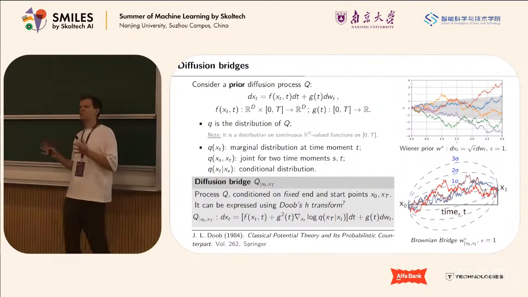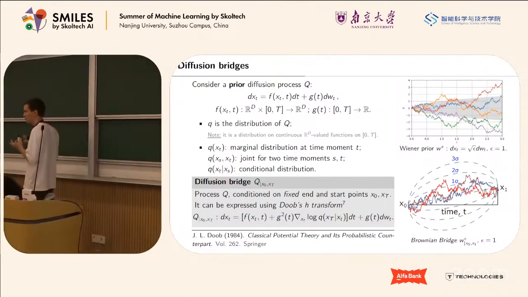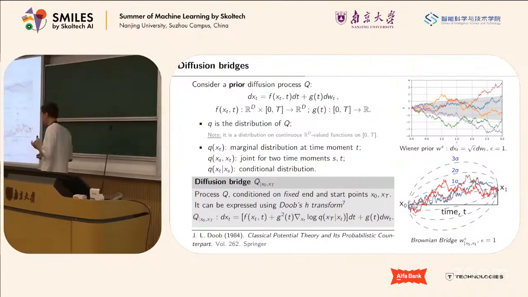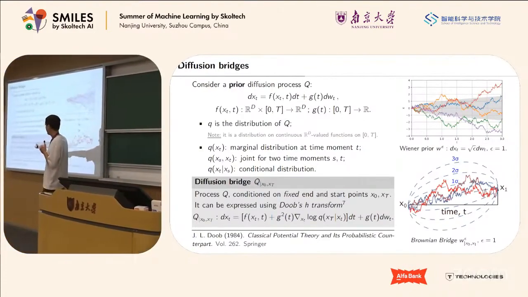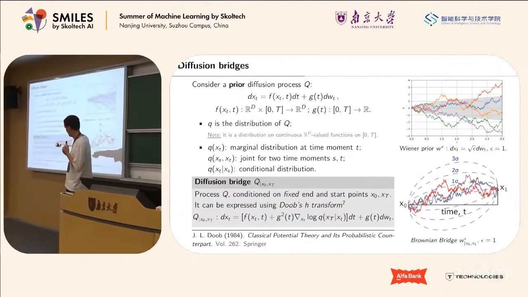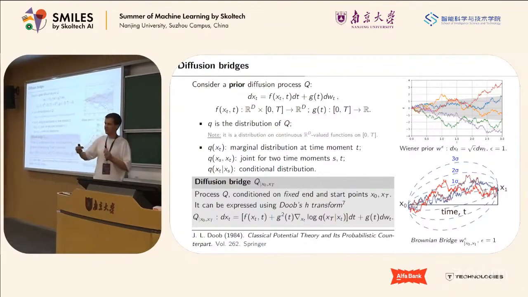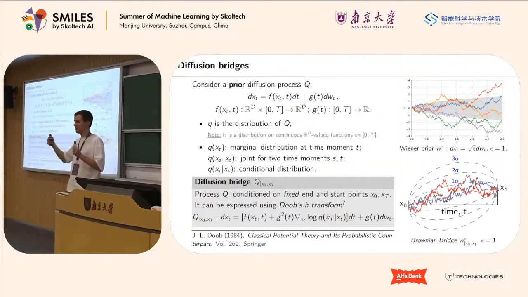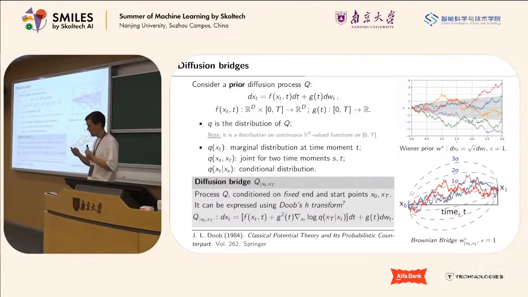So the main point of the slide: we have some stochastic process Q, and we consider a lot of stochastic processes Q conditioned on x0 and xt, making from this process a lot of different diffusion bridges by conditioning it on different start and end points.